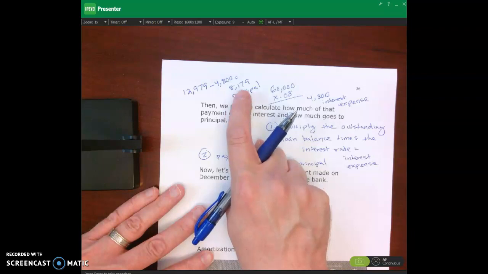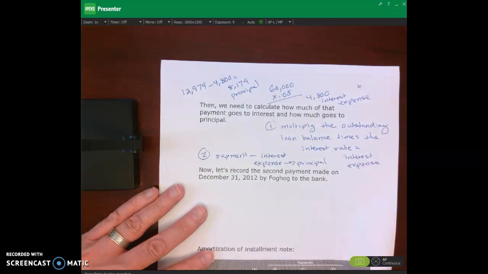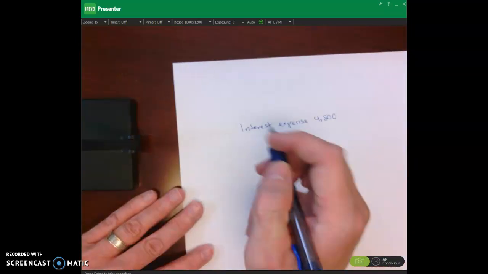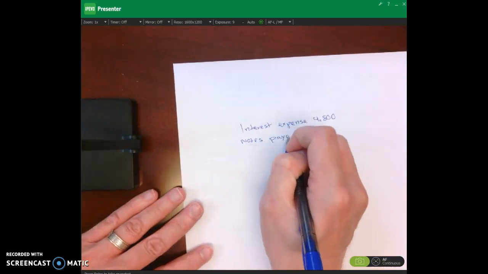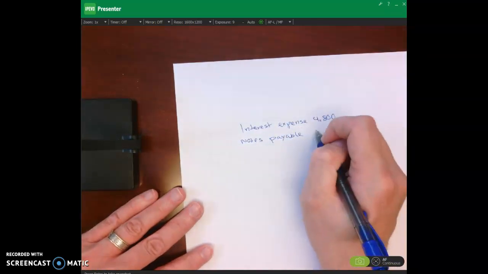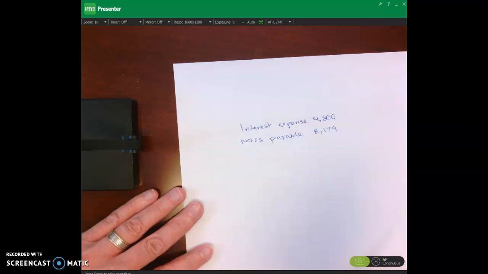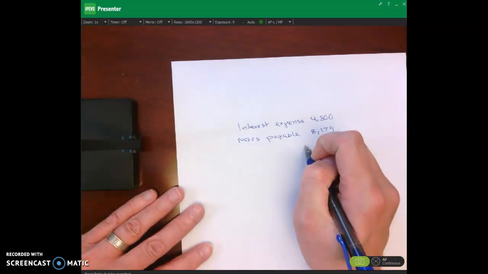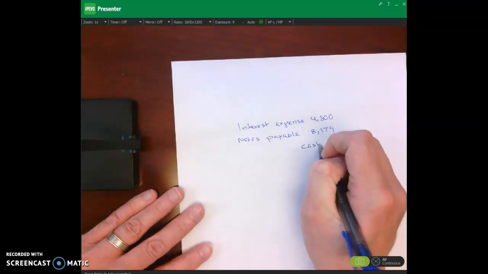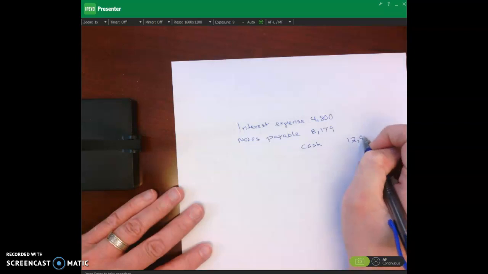So basically, I'm going to decrease the note payable by $8,179. Notes payable is a liability. The way to decrease a liability is with a debit. And then, of course, we have to make that cash payment of $12,979. So whenever I have to pay cash, I credit cash.